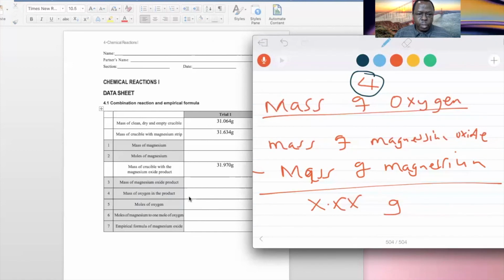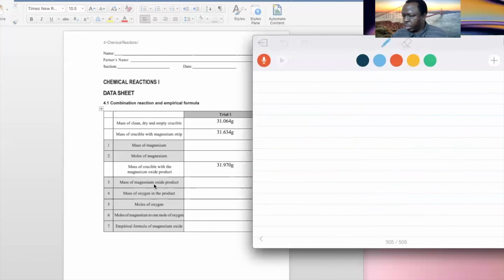How are you going to get line 3, mass of magnesium oxide? Let's write here 3, mass of magnesium oxide.